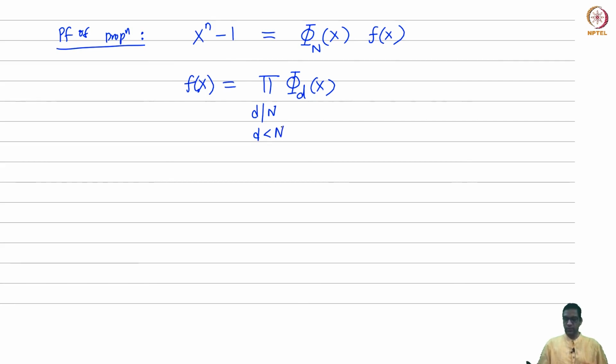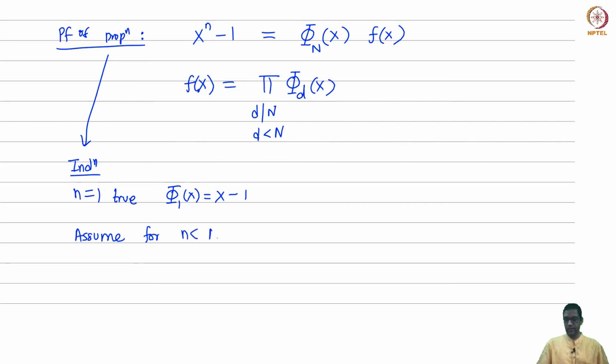Now we'll prove this proposition also by induction if you wish. It's true for n equals 1: phi 1 of x has integer coefficients. Again, assume it's true for all smaller values, then you try to prove it for n itself. Now that's this identity here, x to the n minus 1 is phi n of x times f of x.